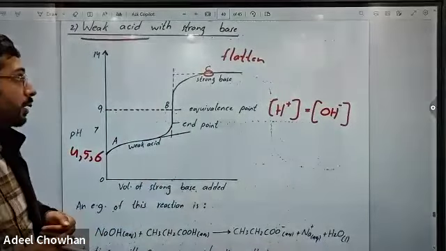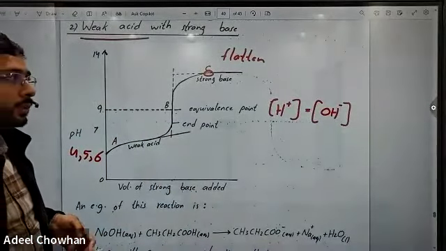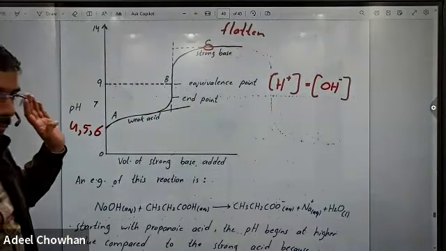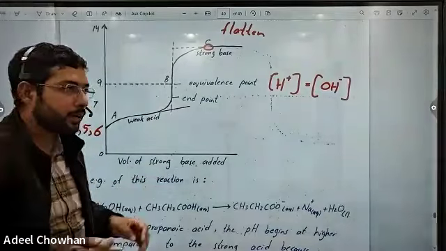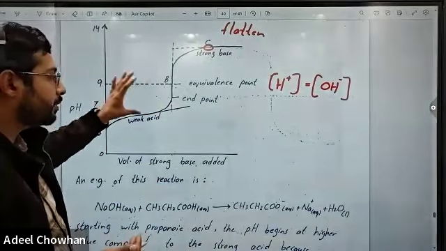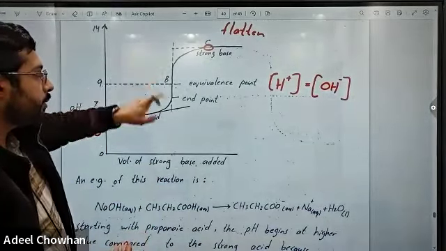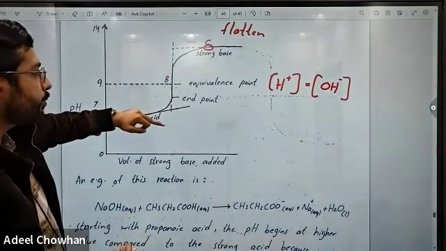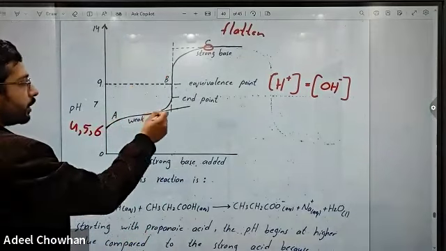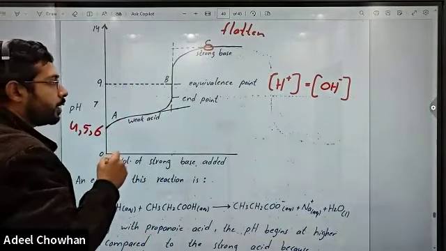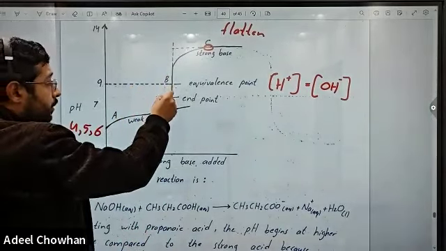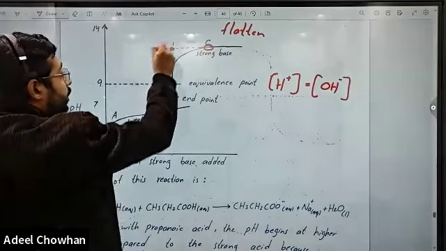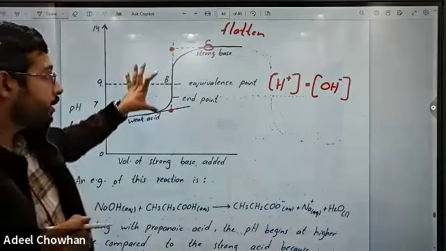For example, in this case, in which we are using a weak acid with a strong base, the pH of the equivalence point will be calculated in the same way as in the previous case. For this purpose, we take the vertical section. This vertical section is extrapolated upward and downward, and the horizontal lines are also extrapolated in their own directions. These are the points at which they meet.